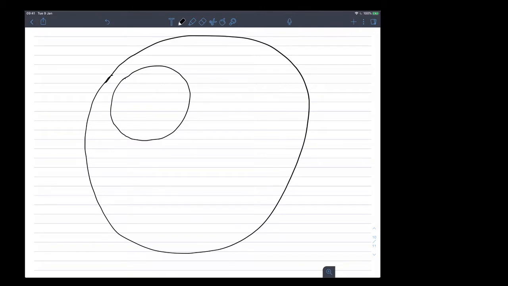So the function of the nucleus is essentially to control the activities of the cell. You knew that at GCSE, but what is important at this level is to understand how it controls all the activities of the cell, and how its structure is related to it being able to do that.